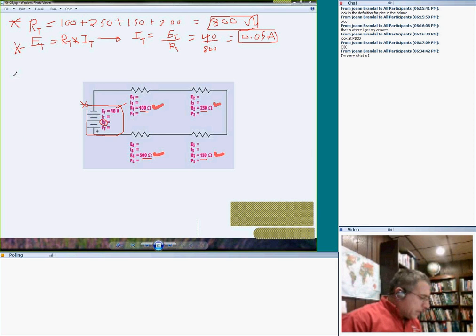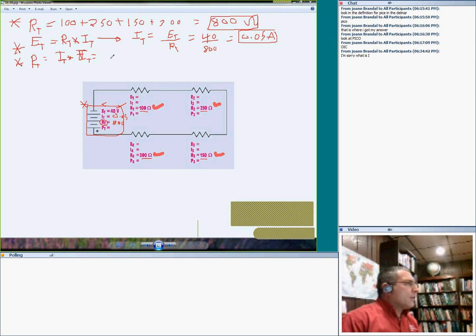Now to kick off the second step, we found the current is 0.05 and the total resistance is 800. Right here, guys, I want to finish everything for the total power. So P total equals I total times E total.